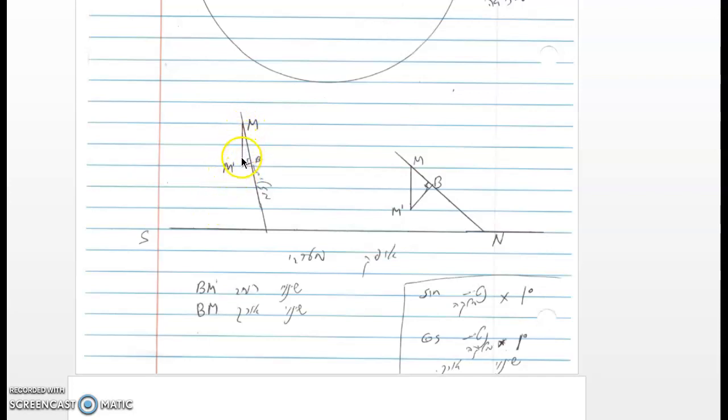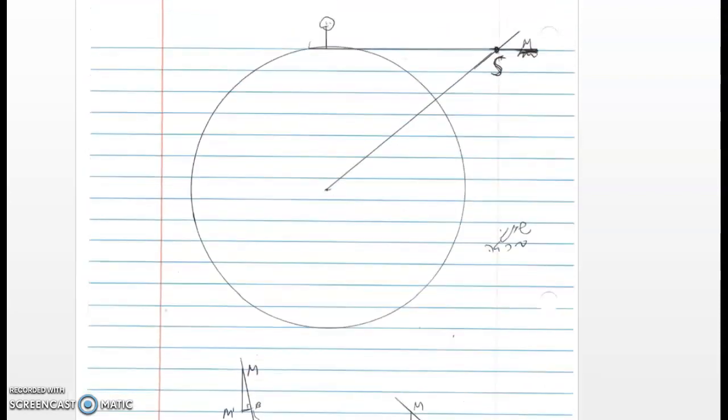However, for the person on the surface of the earth, the moon is lower, along a directly straight line. It's lower on the horizon. That's the idea.